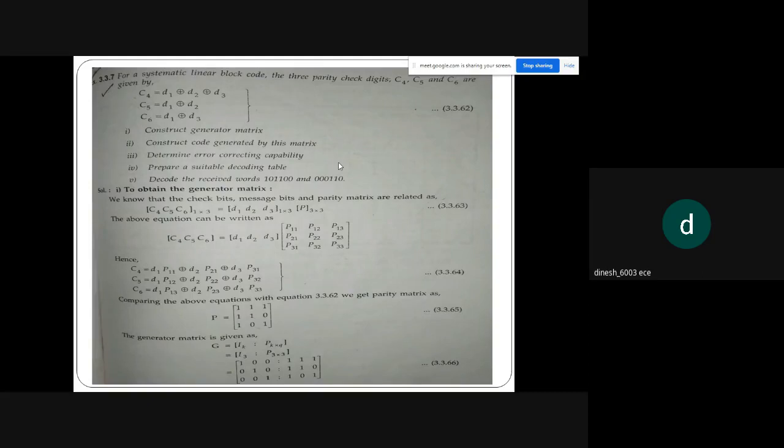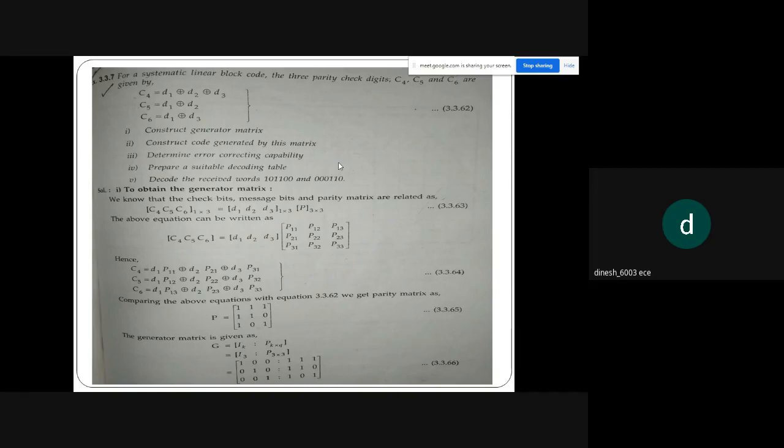The received vectors are given as two different ones: 101100 and 000110. So make sure the bits of information of the received vectors are the same as given in the relevant problem.